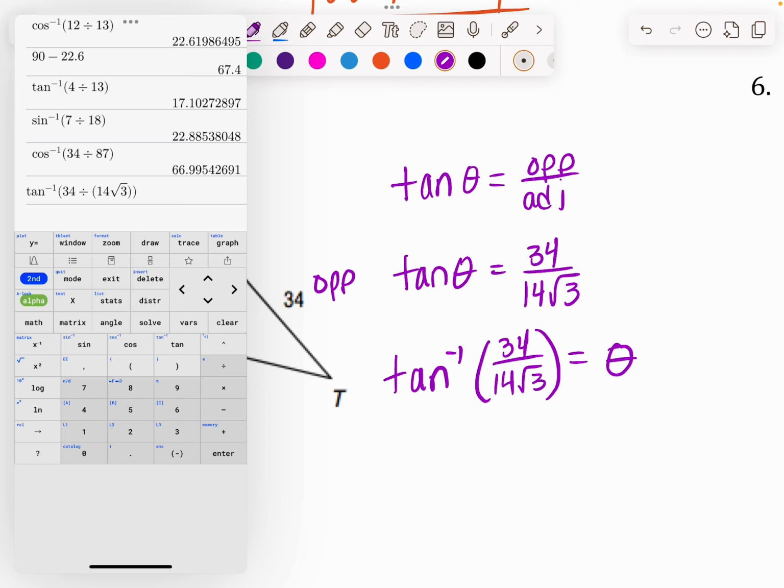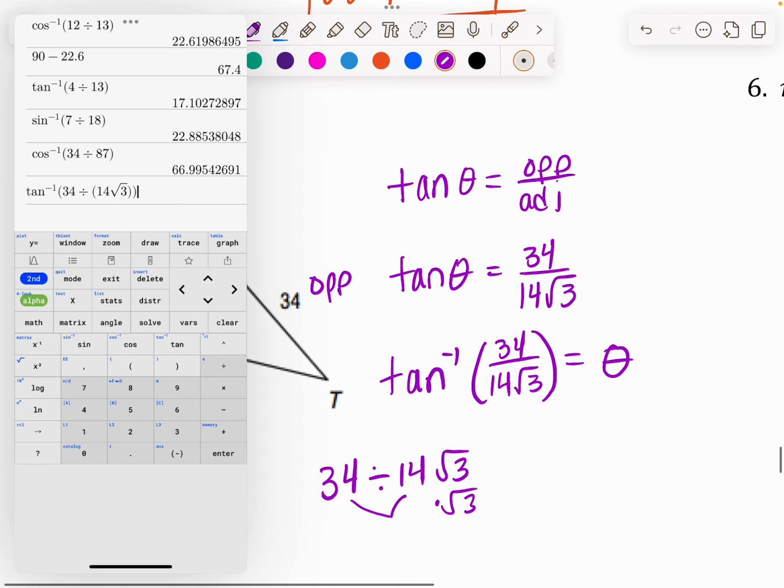Because now your calculator will do 14 square roots of 3 as one value. If you type it in as 34 divided by 14 square roots of 3 without parentheses, your calculator will do order of operations. It will divide by 14 and then times by square root of 3, and that's not what you want. You want it to divide by the whole value of 14 square roots of 3.